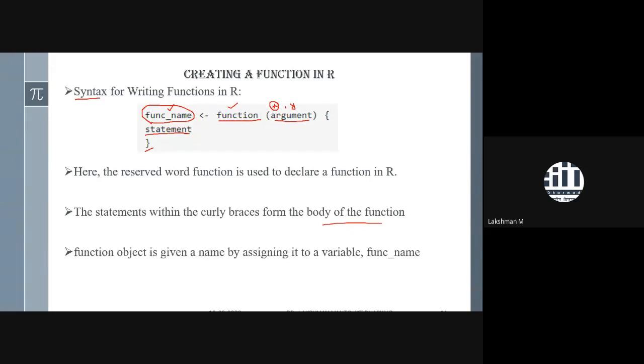So the function object is given by assigning it a variable name. I already mentioned that whatever name you want, you can put there. But remember never to use a name which is already an R defined function, because it will create a problem in recalling that function from R. Like plot, you should not create an object named plot.